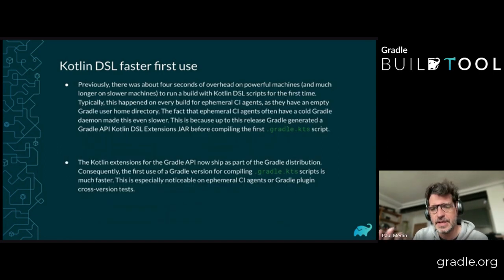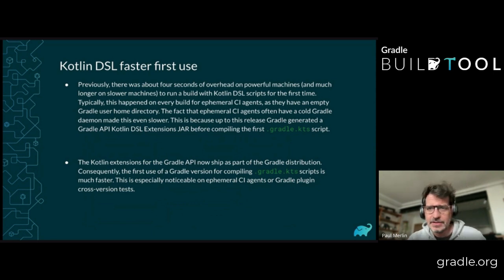This doesn't happen every time. It only happens when Gradle starts. The explanation for these seconds shaved is that previously we were generating some Kotlin code and compiling it on first use. And now we do that when we build the Gradle distribution instead, so that our users don't have to do it anymore.